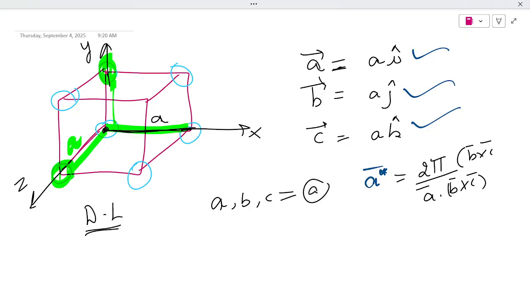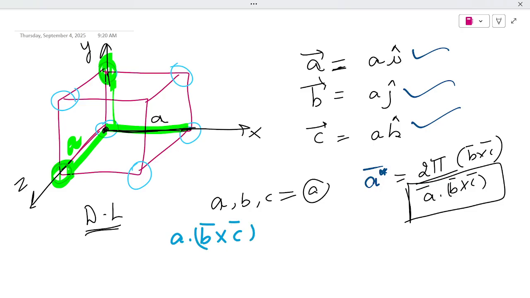We are talking in terms of vector calculus, so it's very important to put the vector sign, don't forget. First of all, let's calculate the denominator part, because the denominator is the same in all the expressions of A star, B star and C star. This denominator we also call the volume of the unit cell.